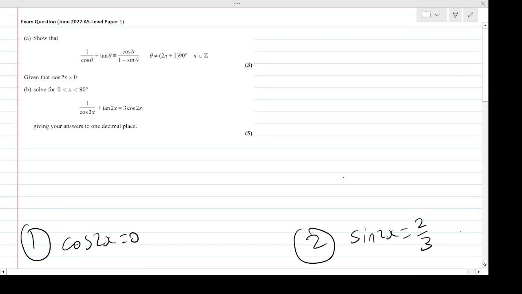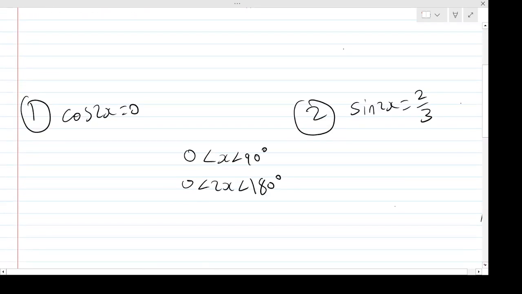So that equation can't happen. Therefore, there are no solutions to that equation.